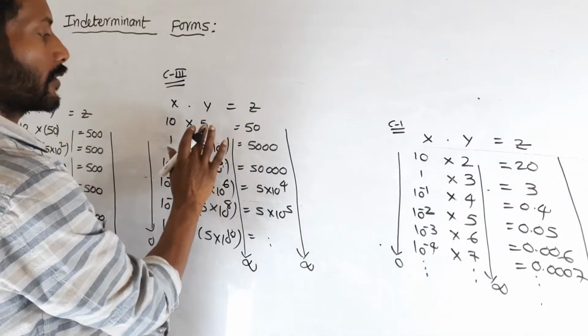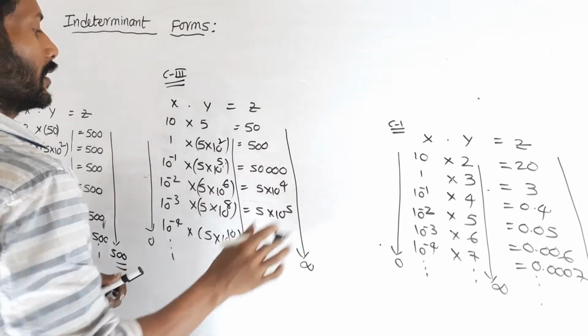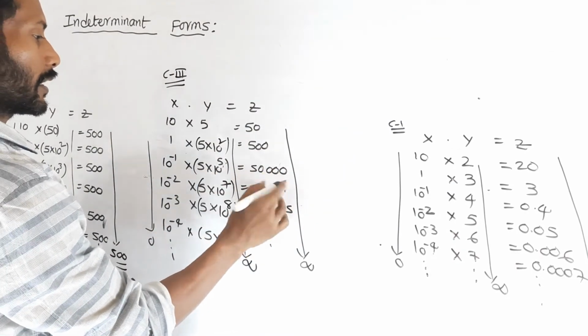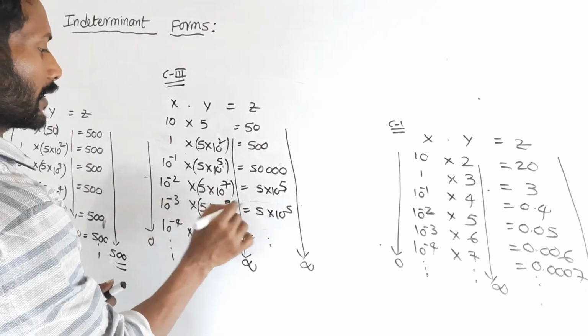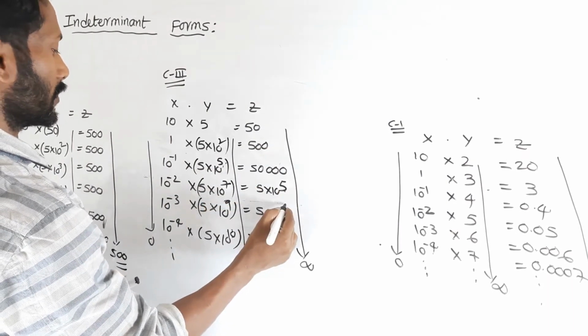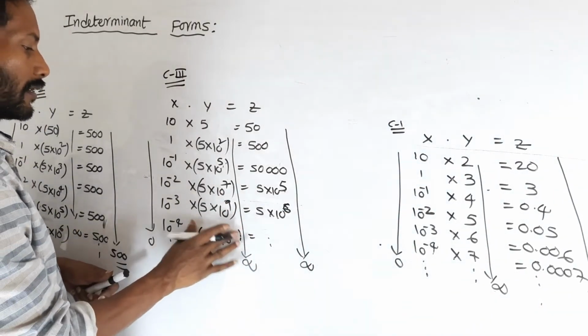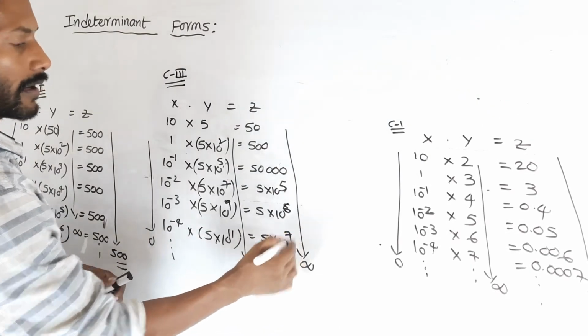Suppose this is 5 into 10, 5 into 10 square, 500. Examples తీసుకుంటే 5 into 10 power 5, and so on, 5 into 10 power 7 and so on.